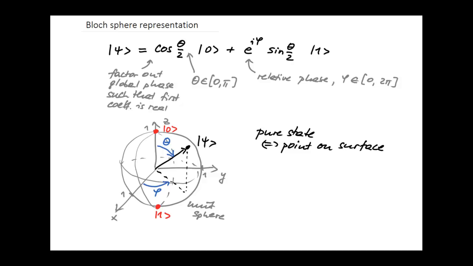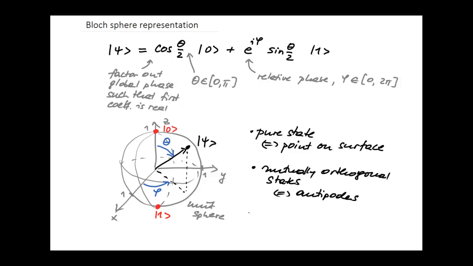So the basis state 1 is the south pole of the sphere. They are orthogonal to each other, and they are on opposite sides of the sphere. They're so-called antipodes. And this is true generally, that mutually orthogonal states correspond to antipodes.